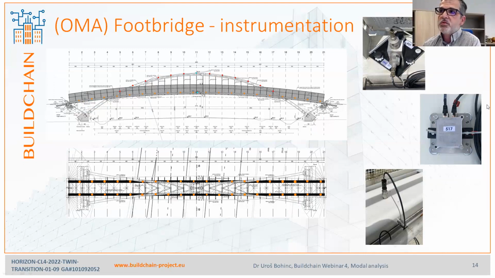So again, we used a number of different accelerometers to capture the response: a 3-axial accelerometer here in the middle, a high sensitivity reference accelerometer, and uniaxial accelerometers, which we had to move along the structure while we repeated the measurements several times.